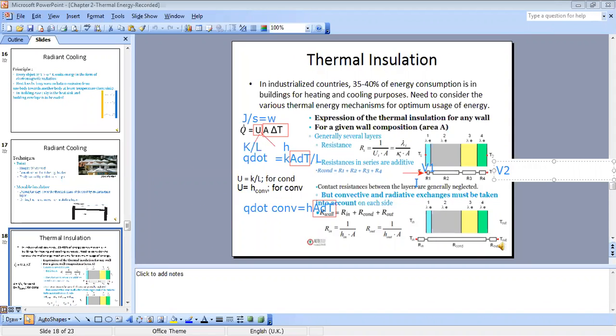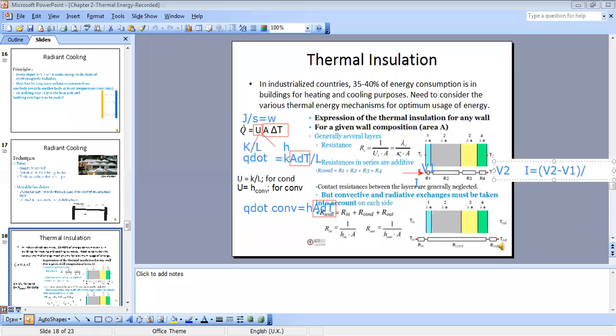So if you are doing an electrical calculation and you want to find the current I, do you remember how we calculate I in this case? V2 minus V1 over the sum of the resistances. Very good. So the electric current I is equal to the difference in voltage, V2 minus V1, over the total resistance.